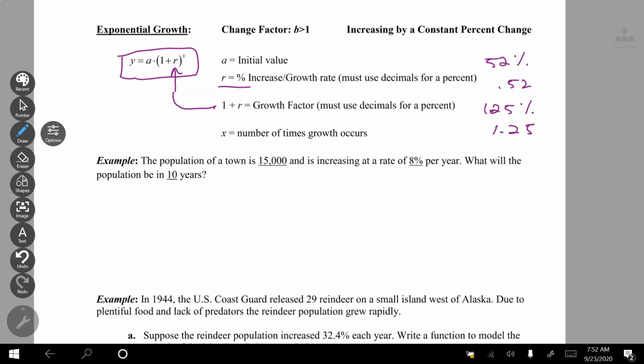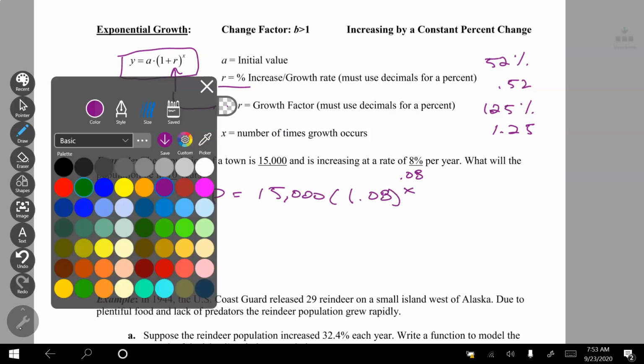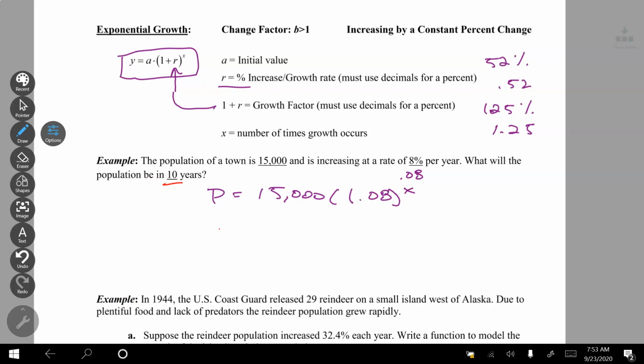So look at this problem. This is 0.08. My population is 15,000. 1 plus 0.08 is 1.08 raised to the x, and I want to know what the population is 10 years from now. So I just put in the number 10, and I get 32,384.